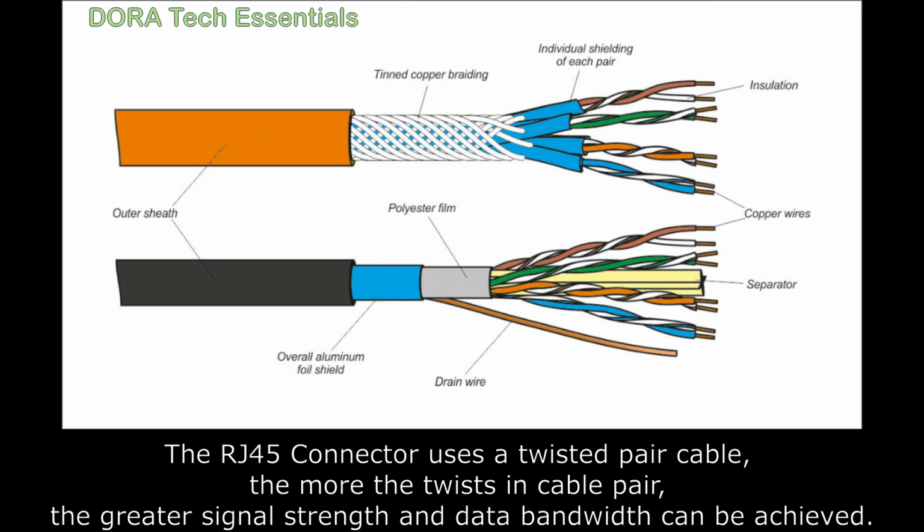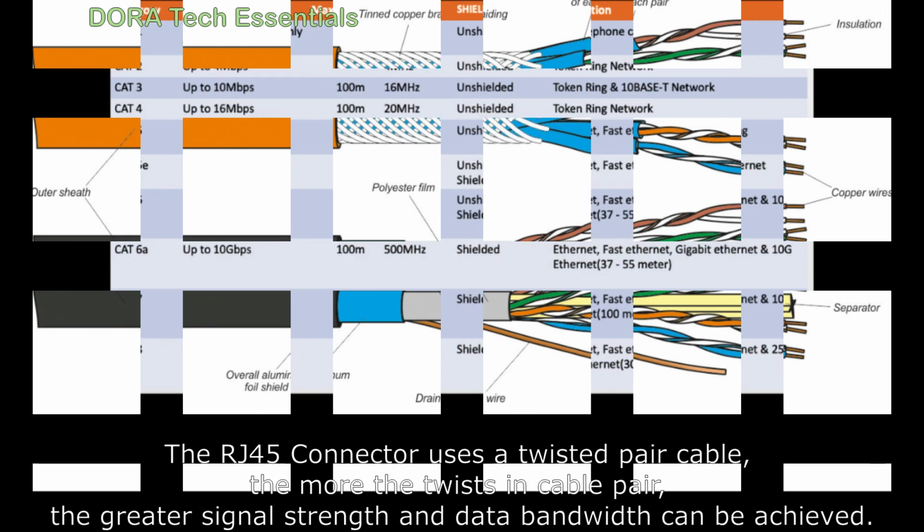The RJ45 connector uses a twisted pair cable. The more the twists in cable pair, the greater signal strength and data bandwidth can be achieved.